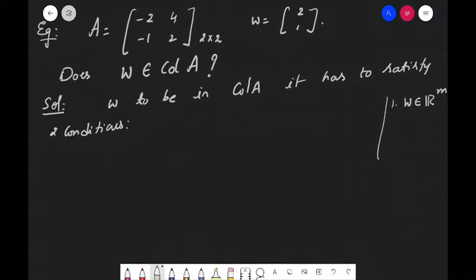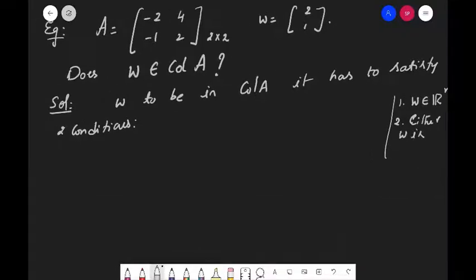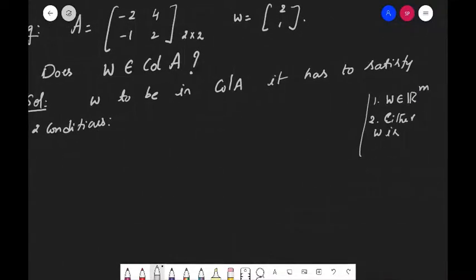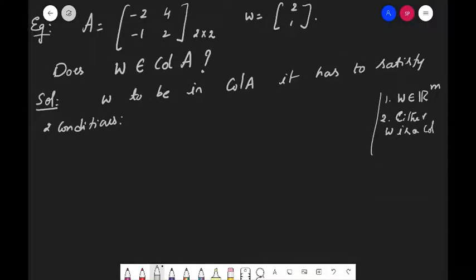And the second condition, we know that is either W is a column in A or a linear combination of columns of A. These two conditions we have to check.